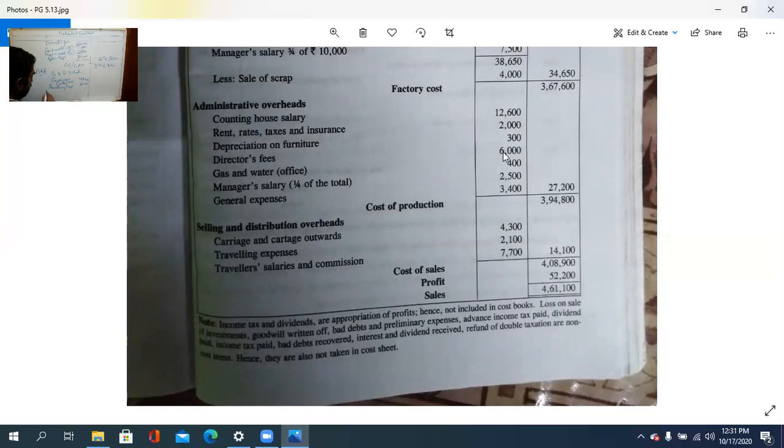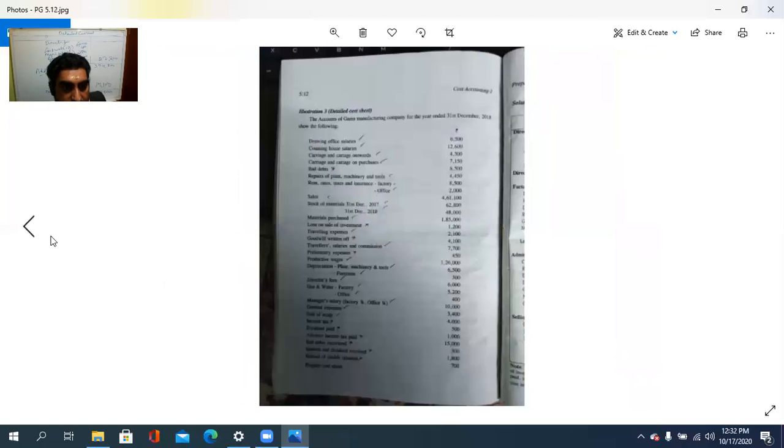Then traveler's salary and commission, that is 7,700. So that is to be added up, 14,100. That is the cost of sales or total cost: 394,800 plus 14,100, so it is 408,900. Sales, how much is it? It is given in the question.